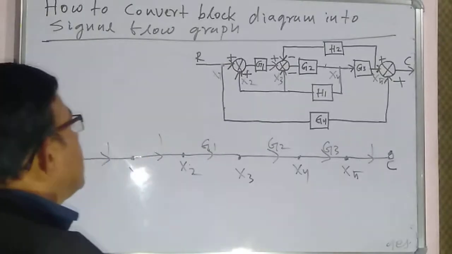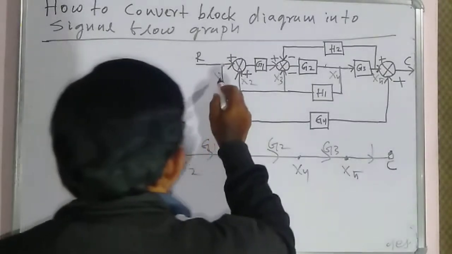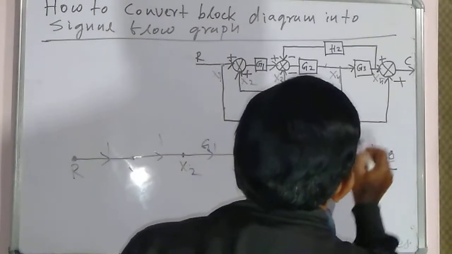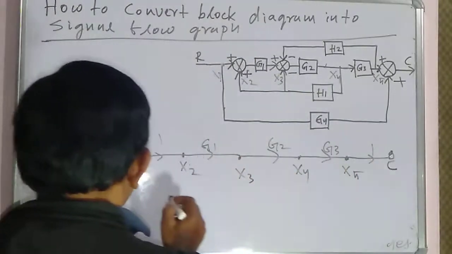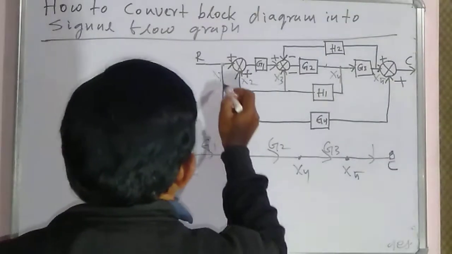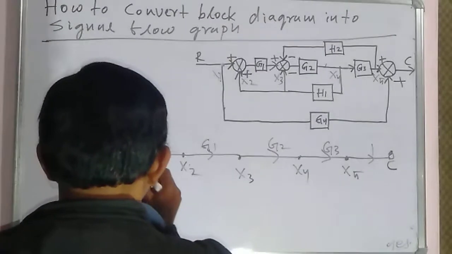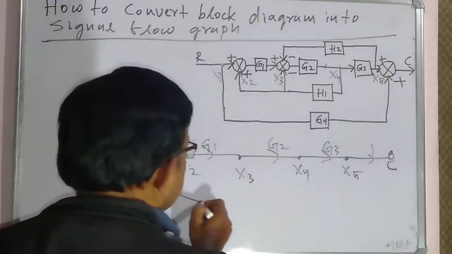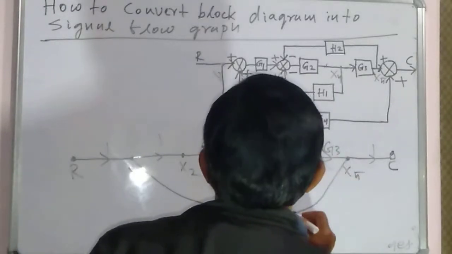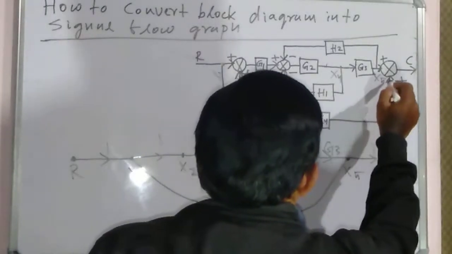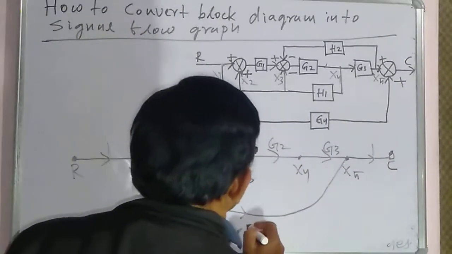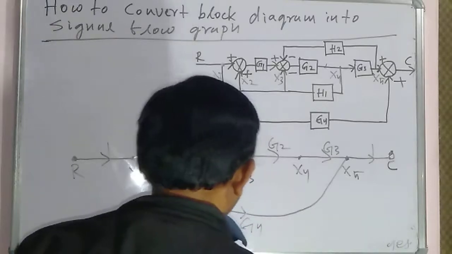So now this is connected to x3 and this is connected to x5. Therefore now we can connect this x1 to x5. Then the direction is this and positive. Therefore this is g4.